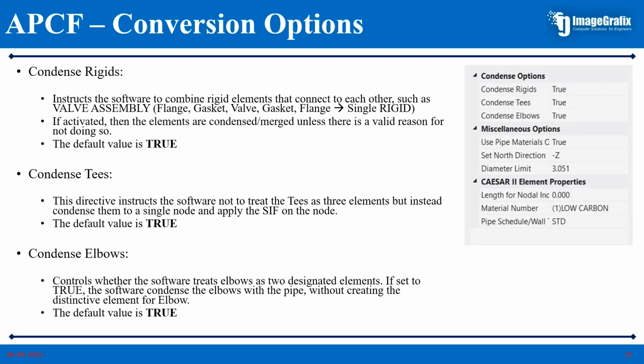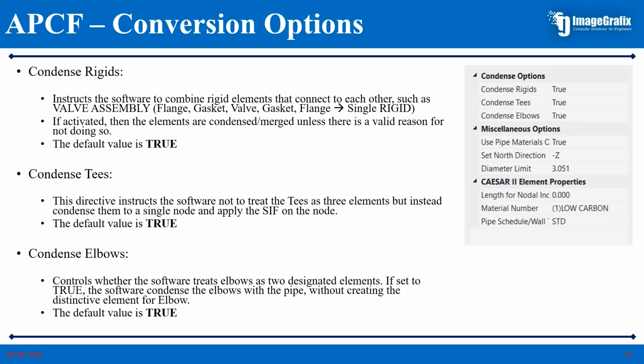Then in the advanced PCF files, the basic options in the main window is your condense options. Now the condense option has 3 things: condense rigids, condense tees, and condense elbows. Condense rigids: the most common rigid assembly will be your valve assembly, which contains your flange, gasket, valve, gasket, and your flange.